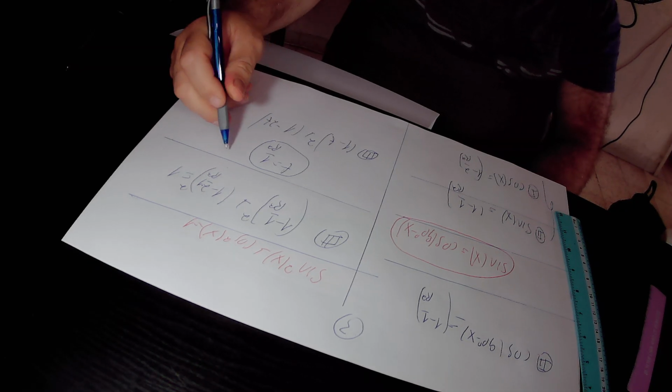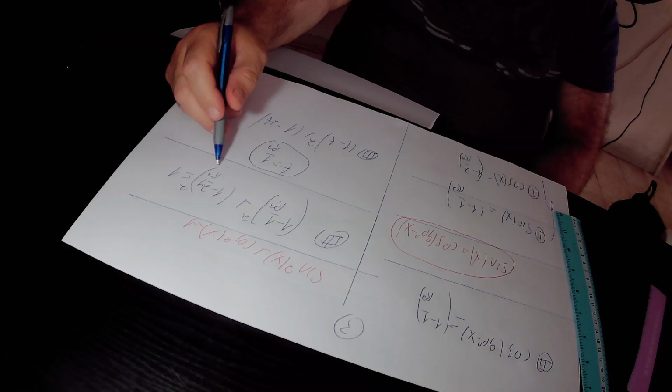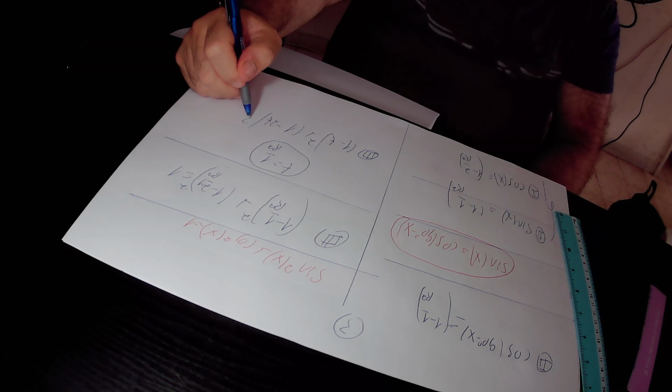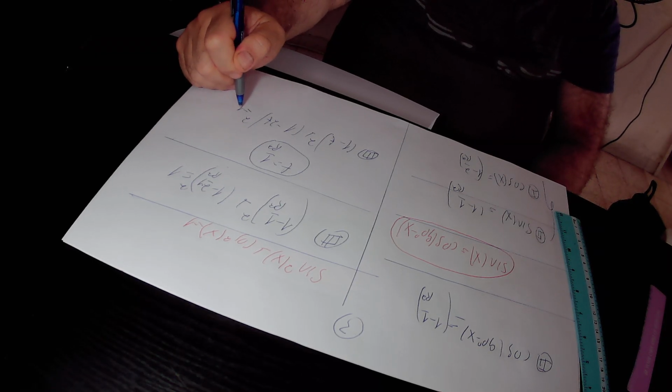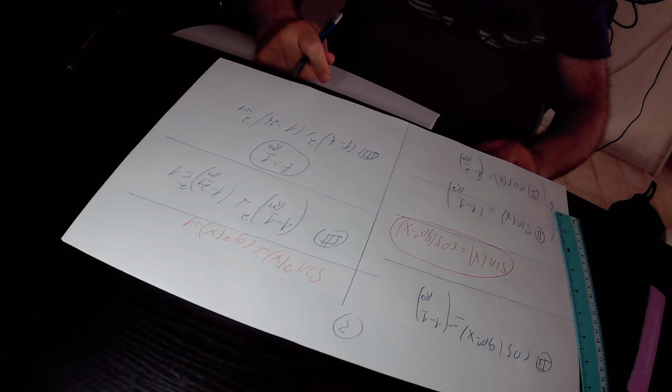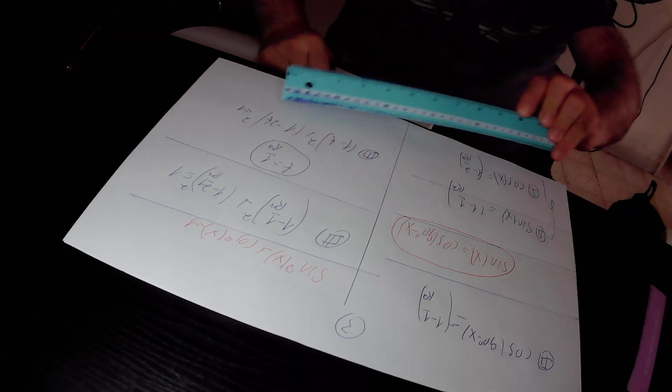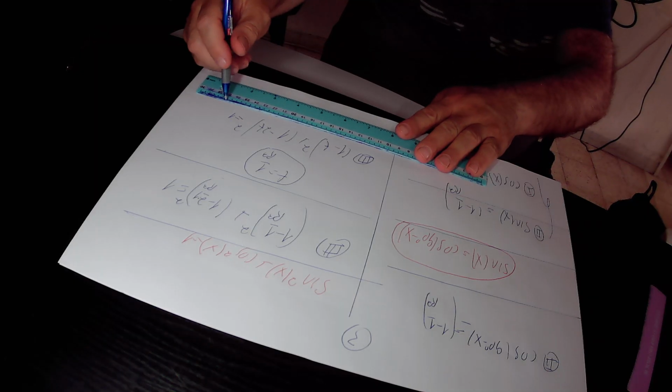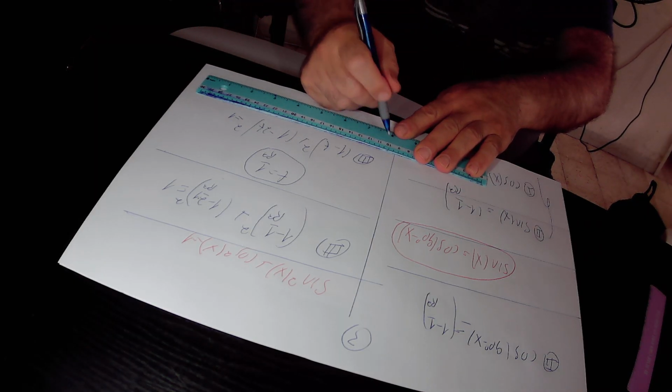So in total, this expression will be equal to 1 minus 2t, squared, and it equals 1. So we found out that 1 minus t, squared, plus 1 minus 2t, squared, equals 1.